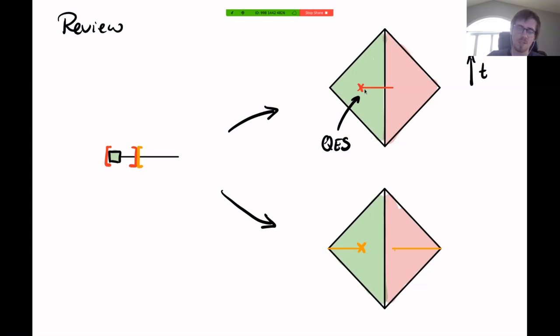So what I mean by this is that the complement of this red region in the upper picture is the orange region in the lower picture, and that contains the missing piece of our gravitational spacetime, and also a large portion of my non-gravitational part of the spacetime. And so this should be dual to the complement in my quantum mechanical picture here, which is just part of my quantum wire.